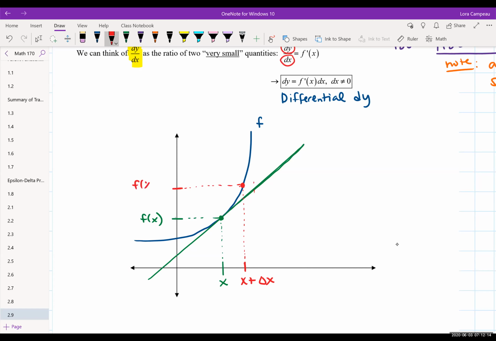F of x plus delta x, or h, so we say. So what we're trying to understand, if you don't know what f of x is, there's no way we understand what f of x plus h, or f of x plus delta x, is.